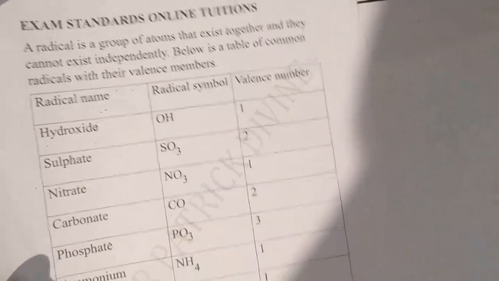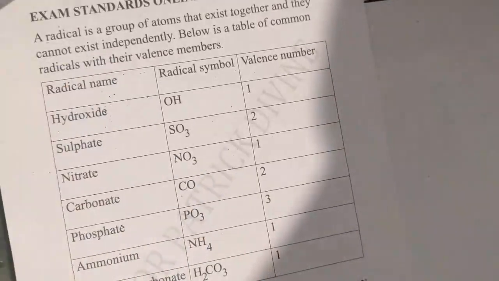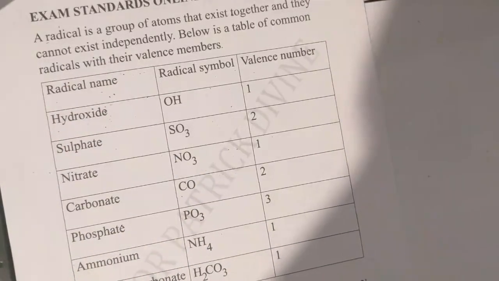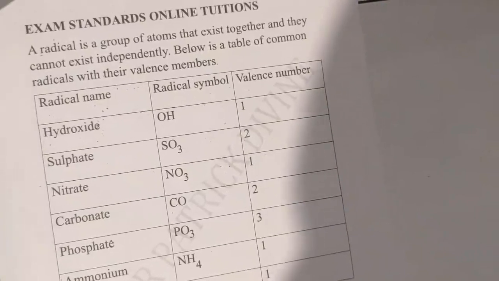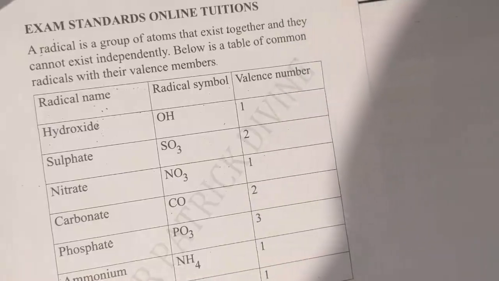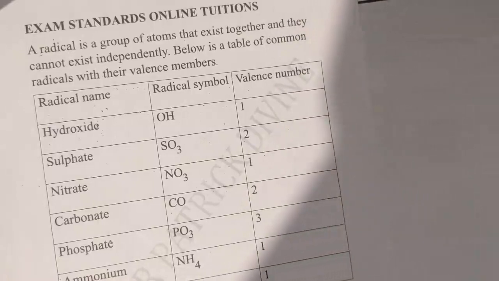So you need to know what a radical is. A radical is actually a group of atoms that can exist together and cannot exist on their own, or should I say independently.